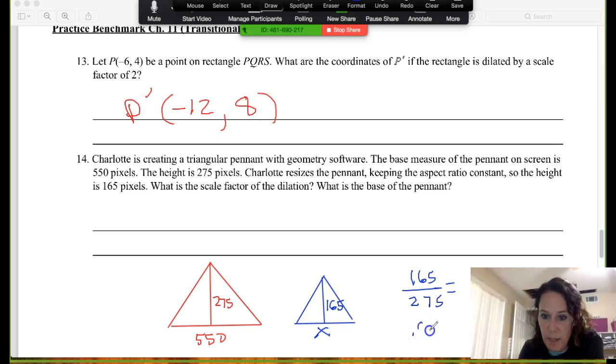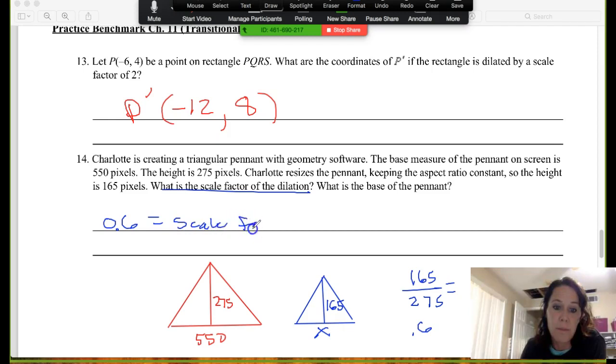So 0.6 is going to be the scale factor. Now you can use that scale factor to figure out what this is. If I take 275 and I multiply it by 0.6, I'm going to get 165.